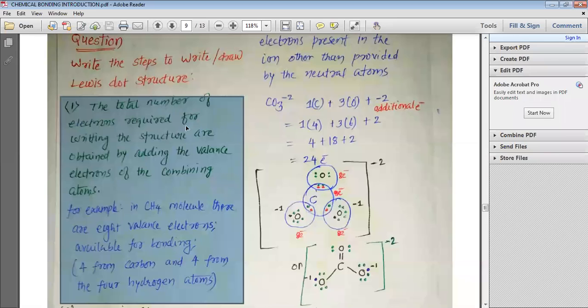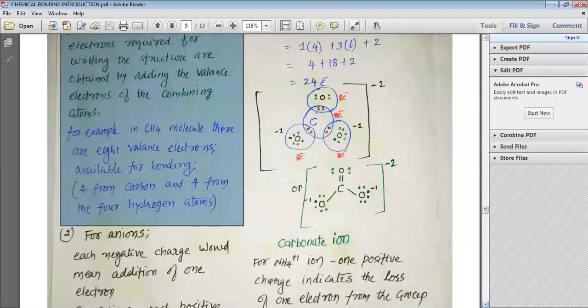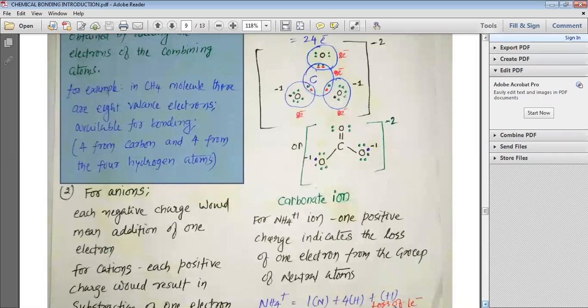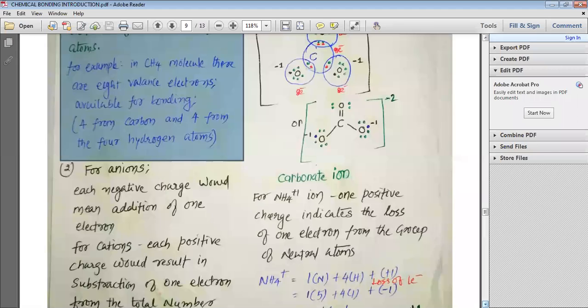The total number of electrons required for writing the structure is obtained by adding the valence electrons of the combining atoms. For example, if you look at the methane molecule, there are 8 valence electrons available for bonding: 4 that come from carbon and 1 from each hydrogen.